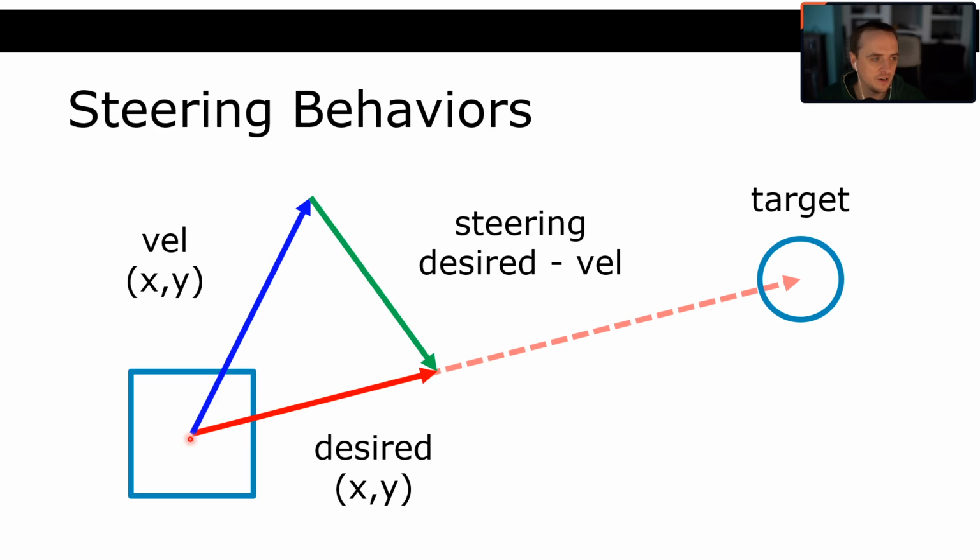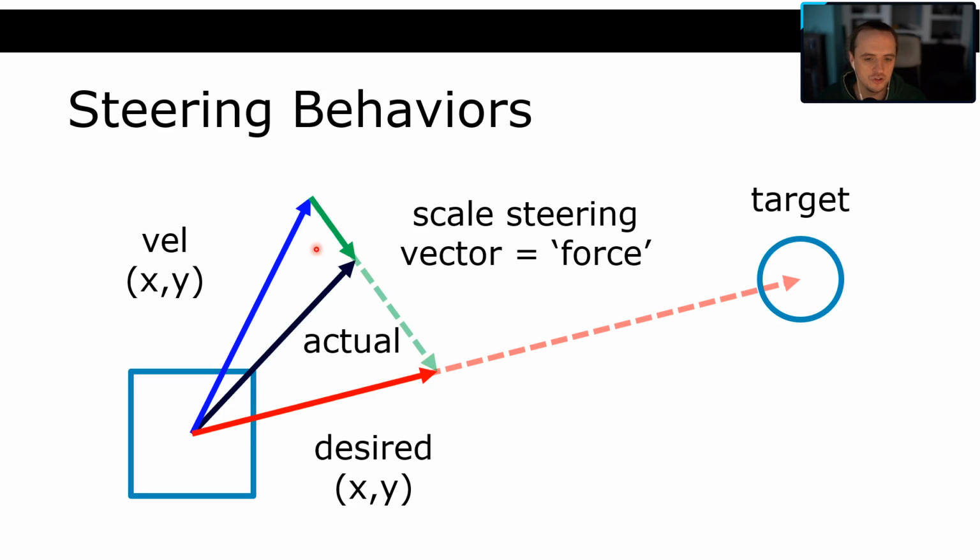If my steering scalar value was 1, then I would immediately switch all the way to the desired velocity. But I'm going to choose some value in between 0 and 1. Let's say right here it's like what, 0.3? And so it's multiplying the steering vector by 0.3, and this black vector here is going to be my actual velocity on the next frame.